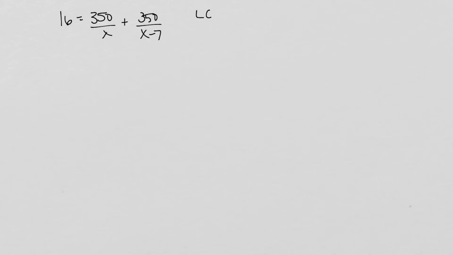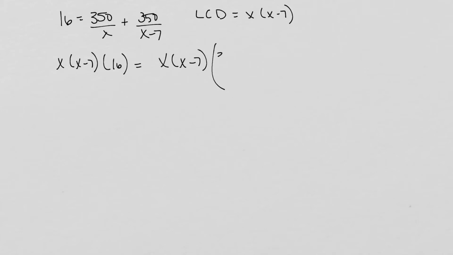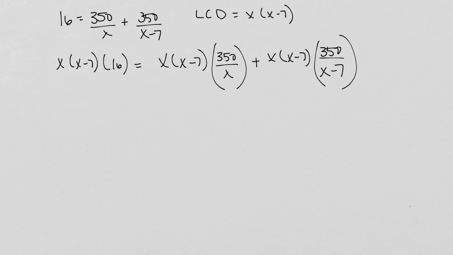We're going to multiply everything times our lowest common denominator, which is x times x minus 7. That's going to give me x times x minus 7 times 16 on the left, and on the right, x times x minus 7 times 350 over x plus x times x minus 7 times 350 over x minus 7.